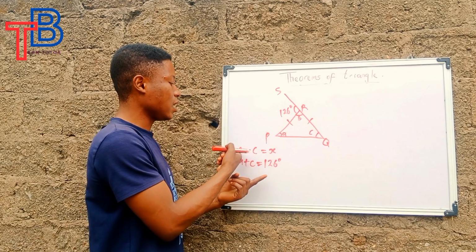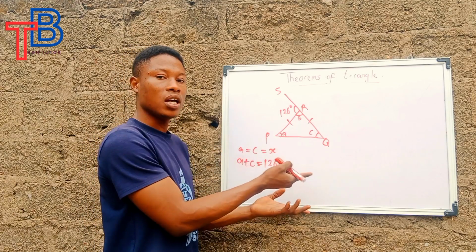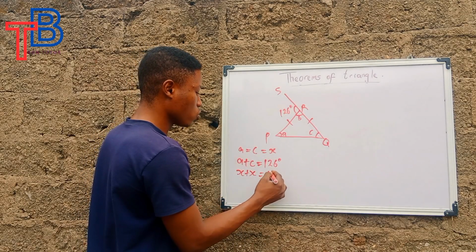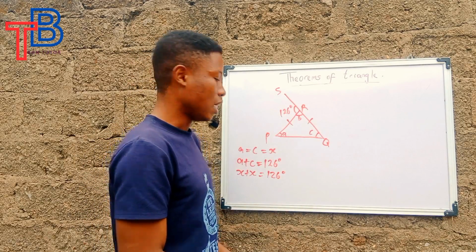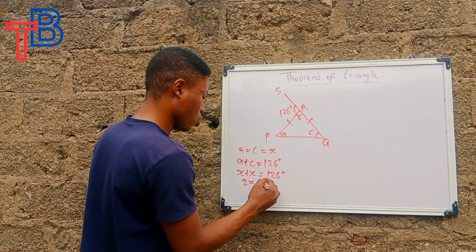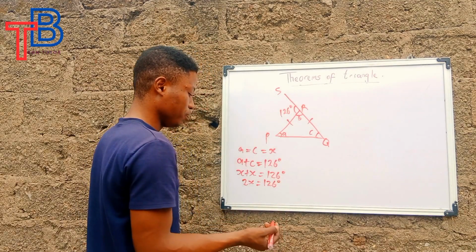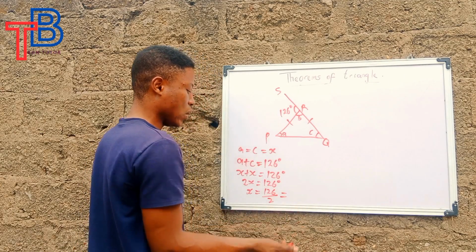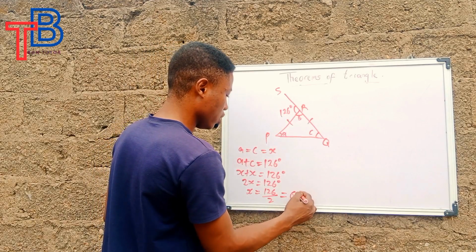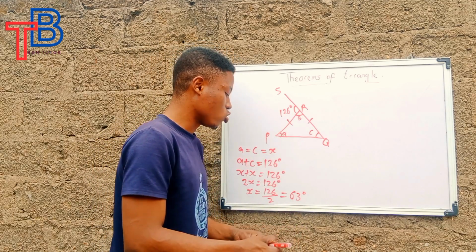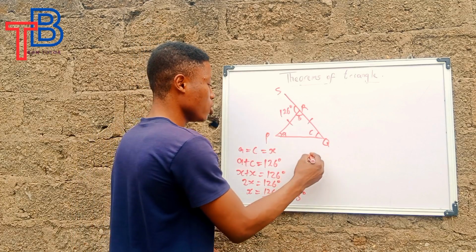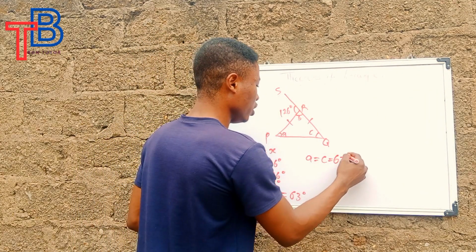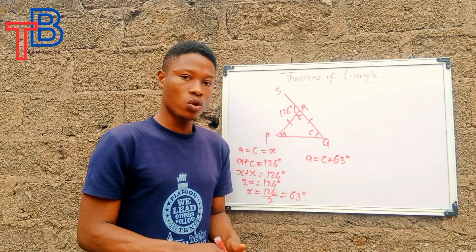And recall, I said we should call our A and C X. It means you have X plus X equals 126 degrees, and therefore 2X equals 126 degrees, right? Your X equals 126 divided by 2, and you have that to be what? Yes, 63 degrees. Which means your A equals your C, which equals 63 degrees, because we said they are equal to X.